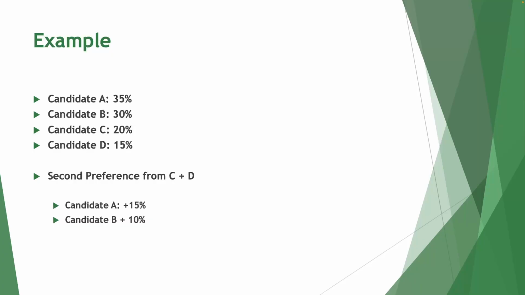So just an apology here. This is supposed to say 45% of the votes. 45% of the votes would be there, not 35%. That was a typo there on my part. So bear that in mind when thinking about this. But in this case, then, candidate A would win because they would get 60% of the final vote after second preference votes are taken into account.